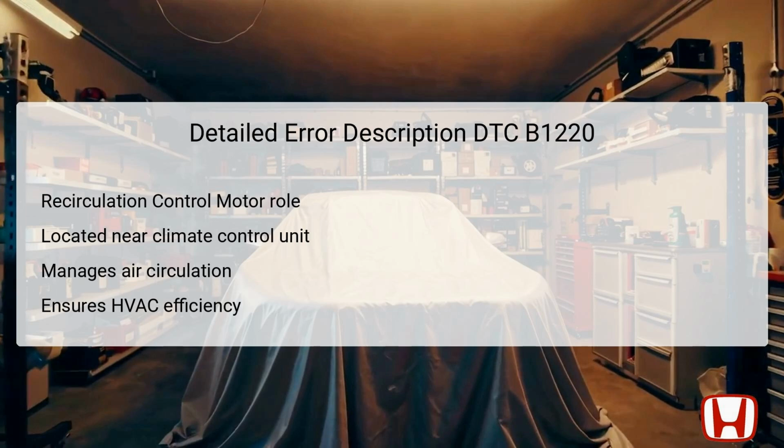This control is essential for optimizing the car's heating, ventilating, and air conditioning HVAC system performance. If the circuit experiences a short, it can significantly impair the HVAC functions, leading to discomfort for passengers by limiting airflow adjustments and ultimately affecting the driving experience.